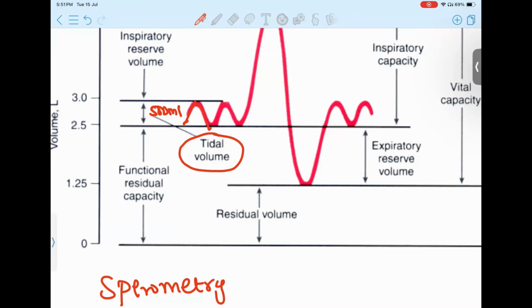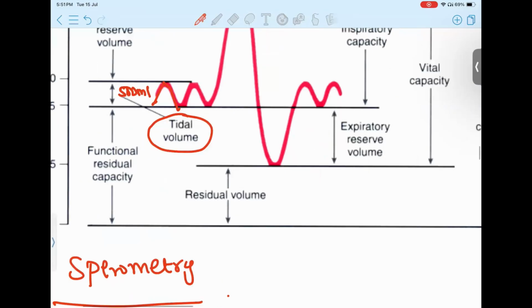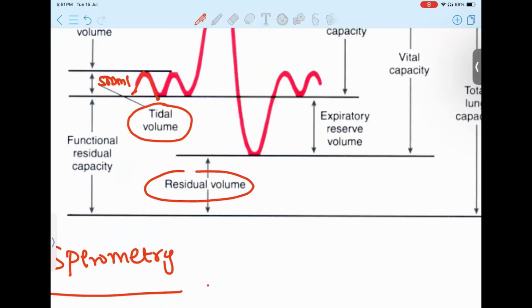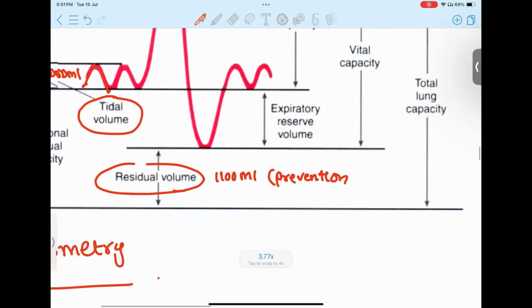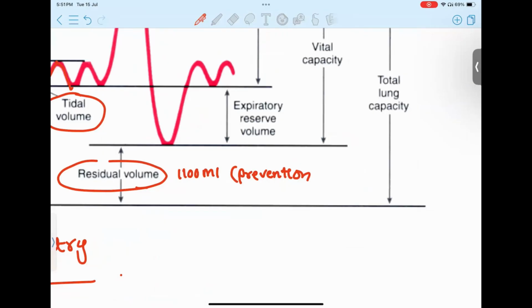What is the residual volume? Residual volume is around 1100 ml. This is for the prevention of alveolar collapse. Even if you try to exhale completely, it cannot be washed out of your lungs, because it prevents the alveoli from collapsing.